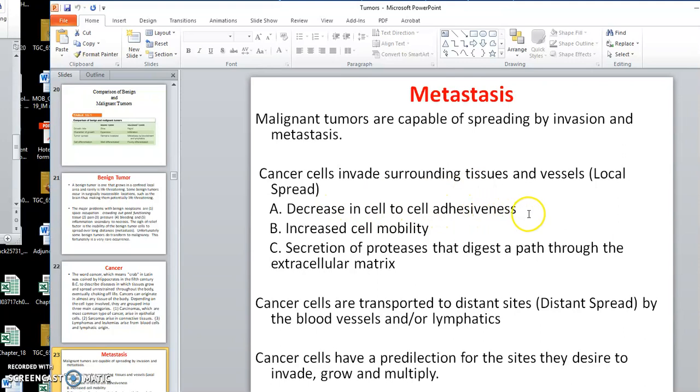Cells in cancer break free, and they can travel to distant sites. So there's a break free of cell to cell, increased cell mobility, and that distant site can be reached via blood vessels or lymphatics. Some cancers spread better through blood vessels and some through lymphatics.